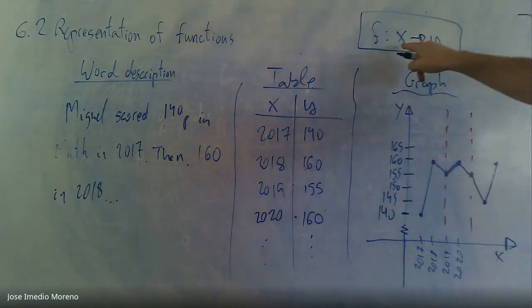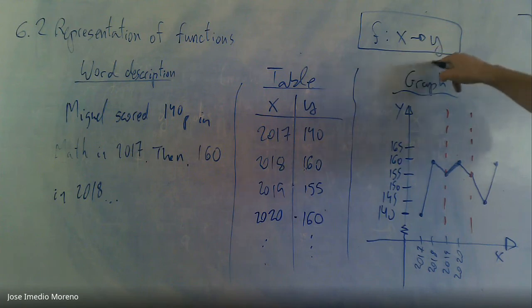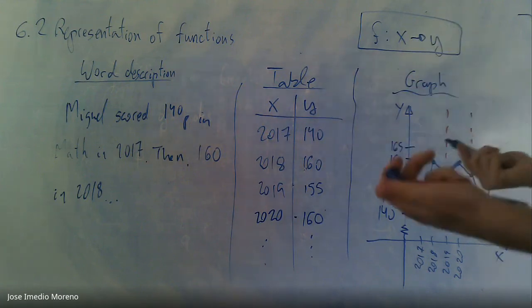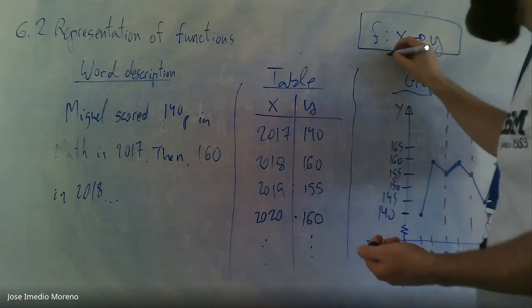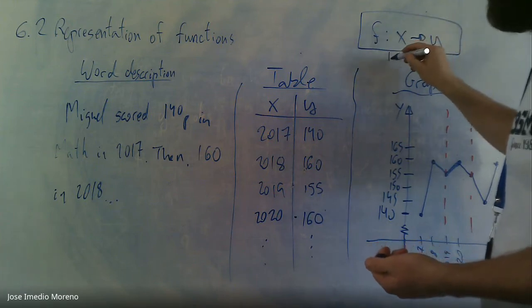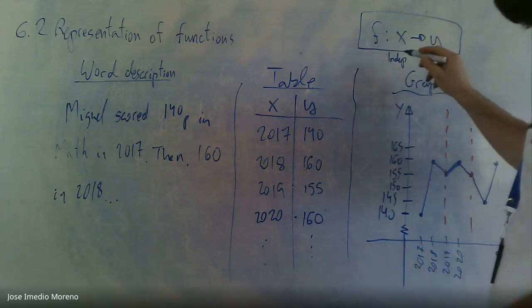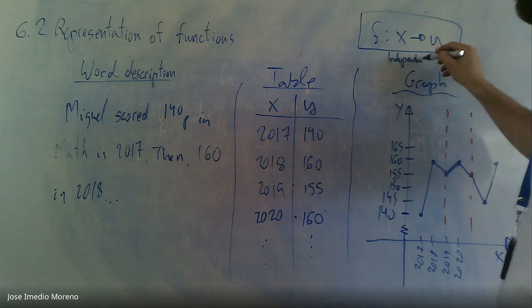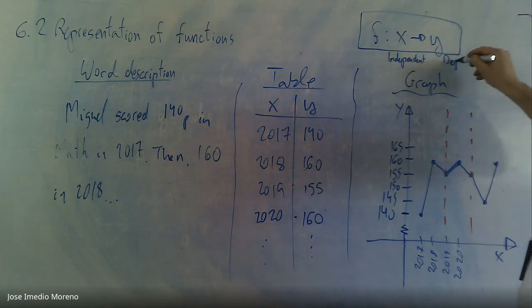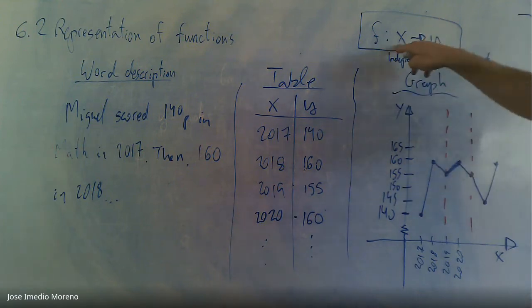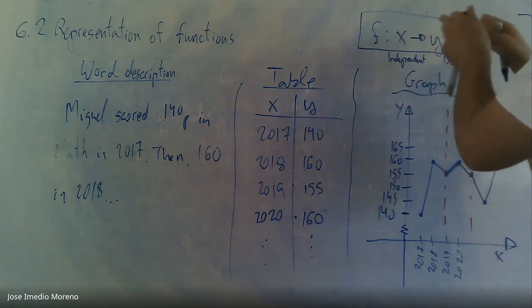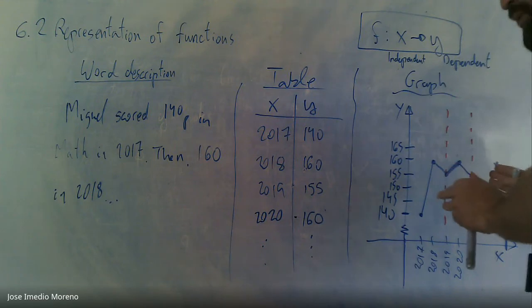In this relation, there is an independent variable, which is the x, and a dependent variable, which is the y. So each variable plays a different role.